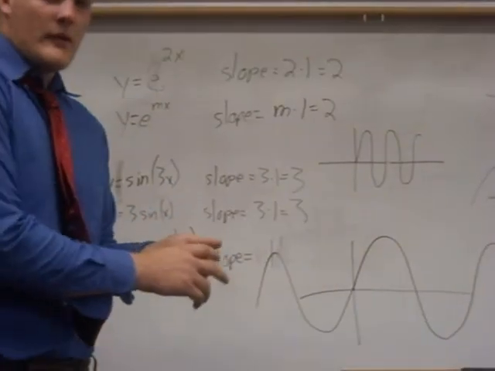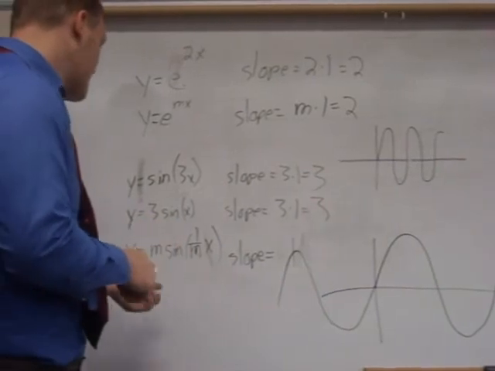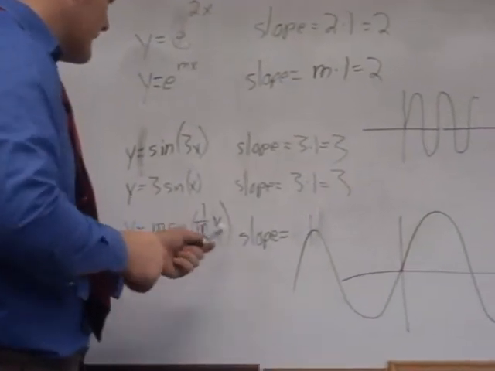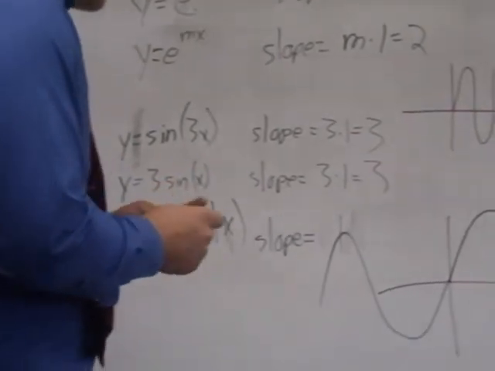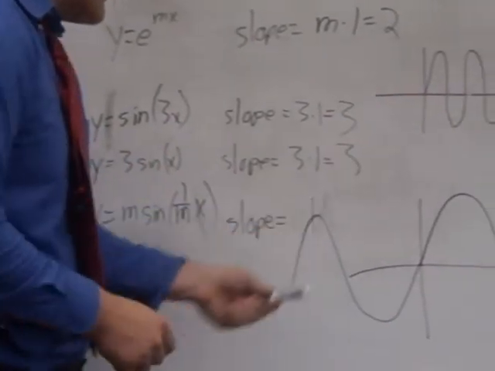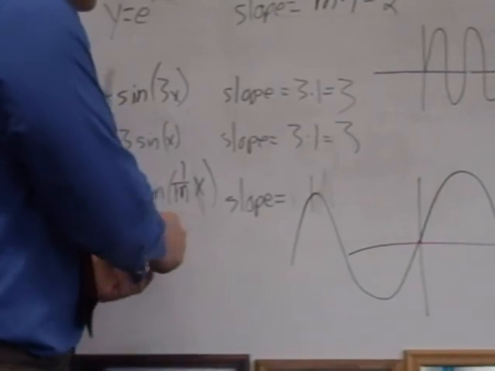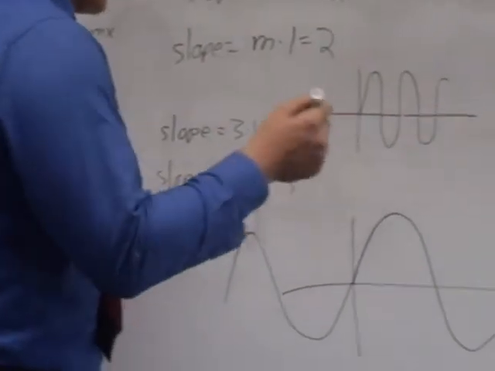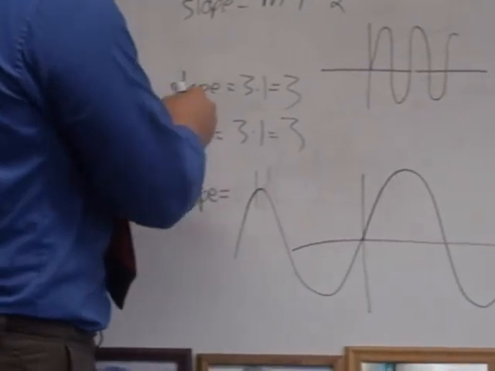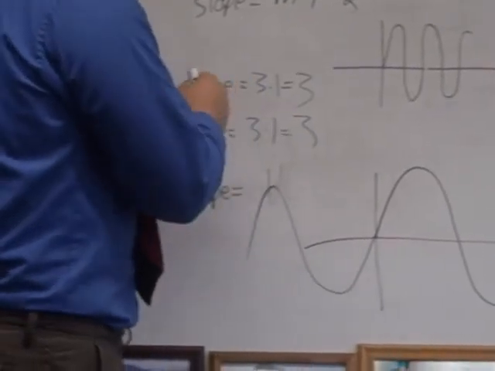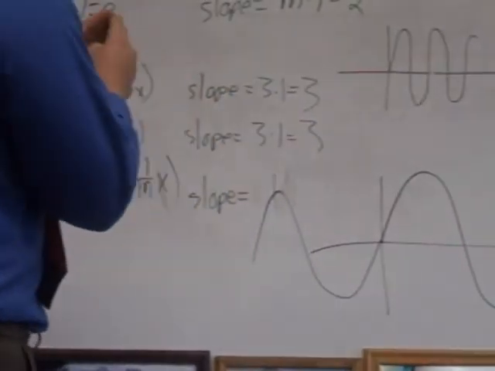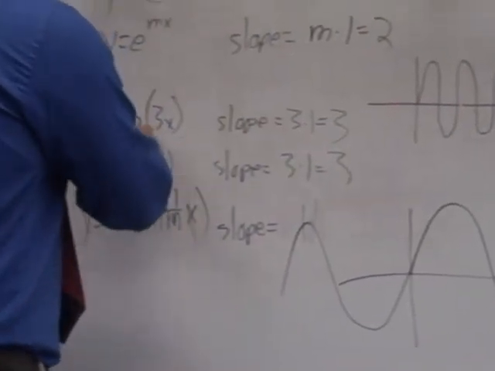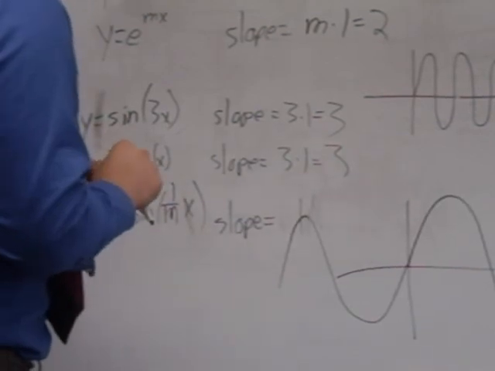For the last part of this problem, y equals m sine of 1 over m times x, is a correction from before. The slope is actually going to equal 1 for this one. The m's aren't going to cancel, but because we're talking about dilations here, it's going to both stretch it out vertically and stretch it out horizontally because we're changing both of the values for x and y.